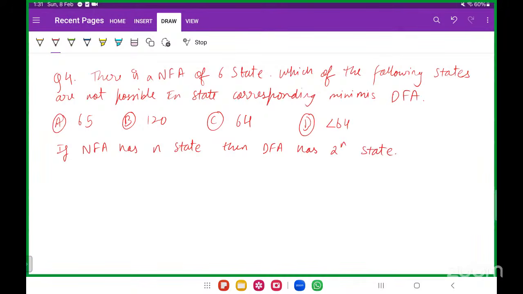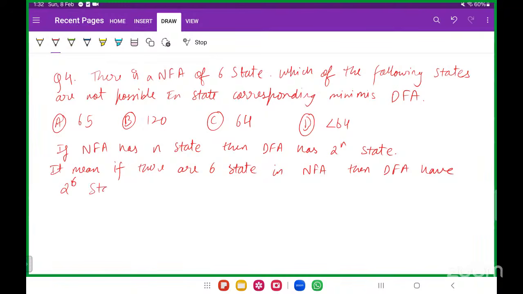It means if there are 6 states in the NFA, then the DFA will have less or equal to 2 raised to 6 states, which is 64.